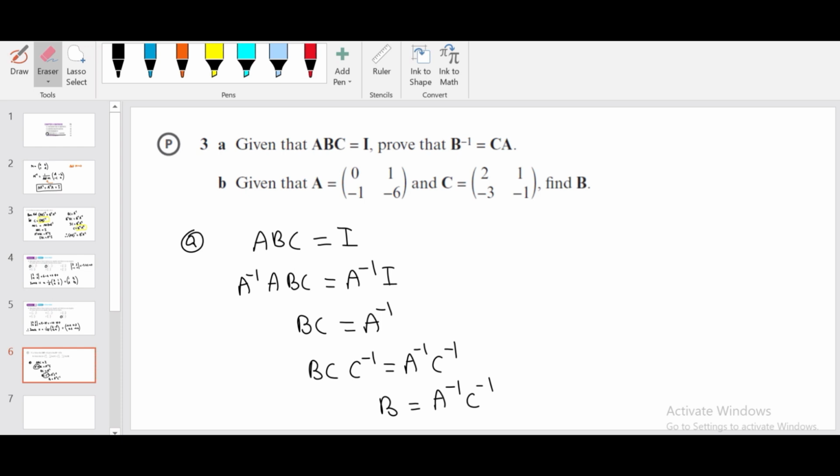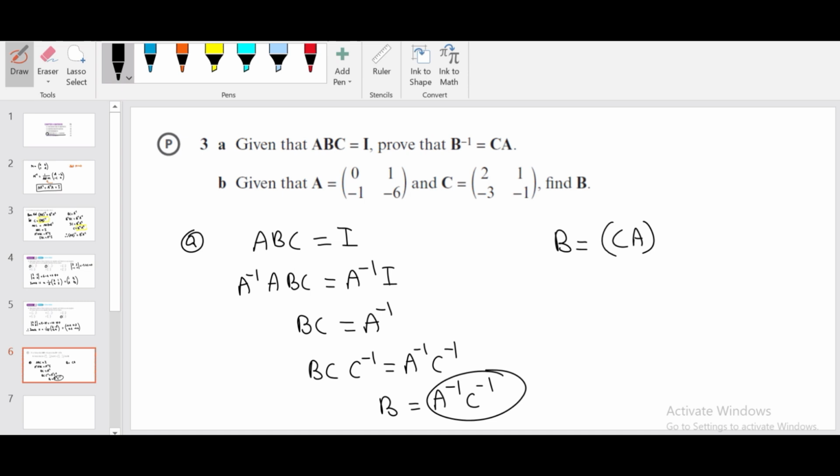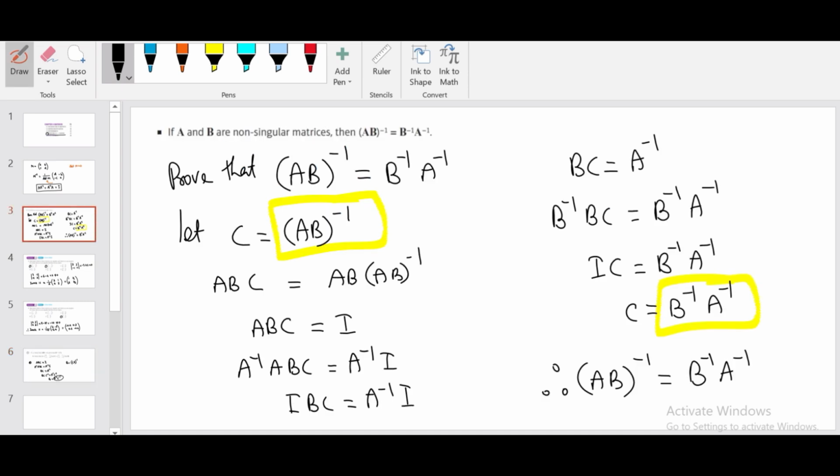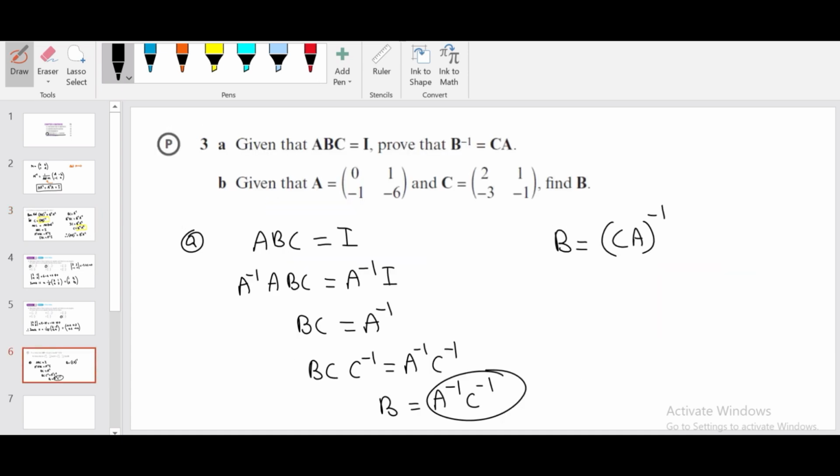So A inverse C inverse is the same as CA whole inverse. That's the first result we learned here: AB inverse is the same as B inverse times A inverse. So you can write the CA whole inverse. So if B is the inverse matrix of this, then B inverse would be just CA.